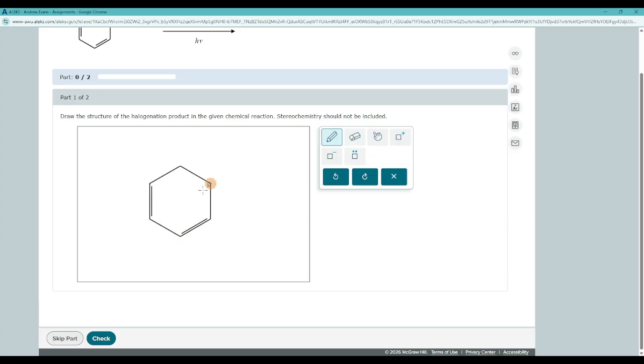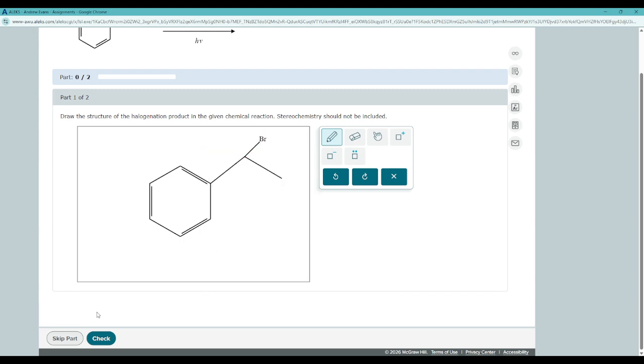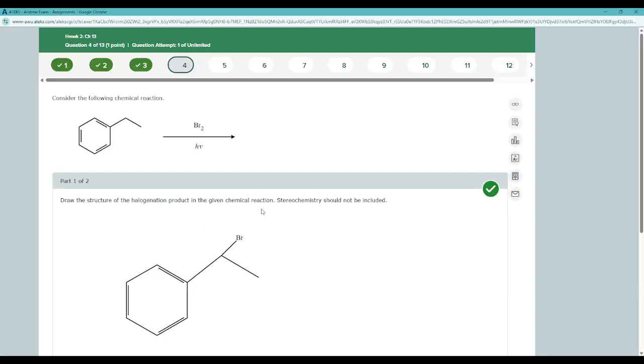Well, the secondary, of course, but there's another reason why the secondary position is going to be the most stable. That's because if I put a radical here, it can conjugate into this ring. So in terms of that, you're going to brominate the secondary spot.